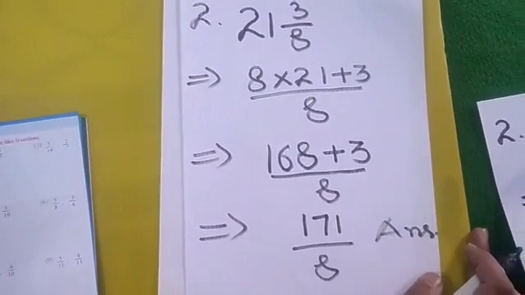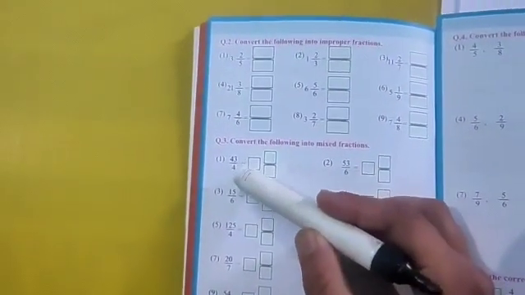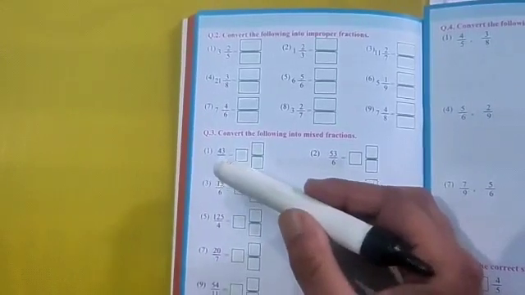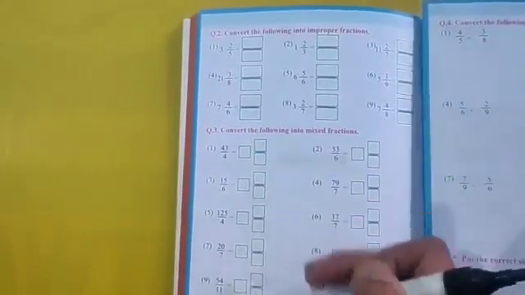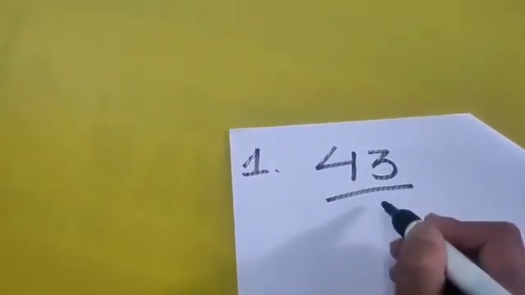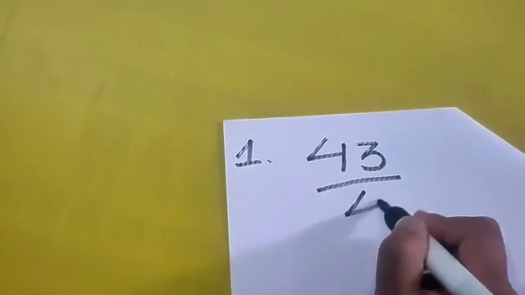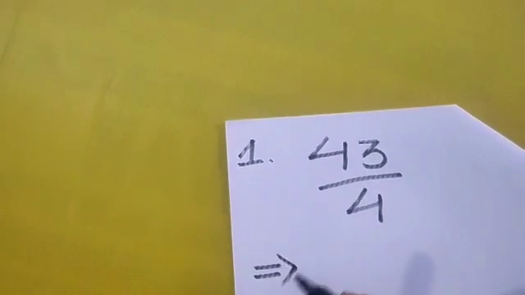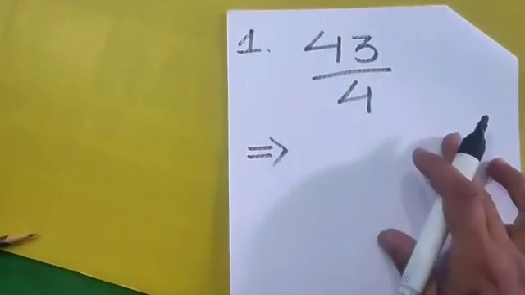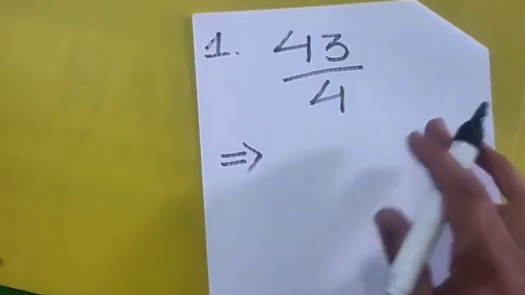And our next question is: convert the following into mixed fraction. We have been given an improper fraction 43 upon 4. We have to convert 43 upon 4 into mixed fraction.